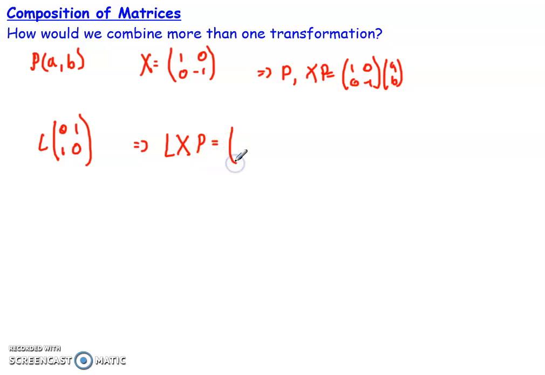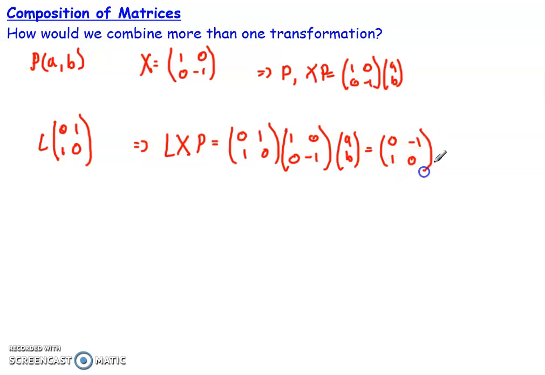So if I substitute in the matrices that I'm after for this, that's equal to 0, 1, 1, 0 times 1, 0, 0, negative 1, and then I've got my AB there. So if I do the matrix multiplication steps on this first transformation set here, so the two transformation matrices, what I'll end up getting is 0, negative 1, 1, 0, transforming my point AB.